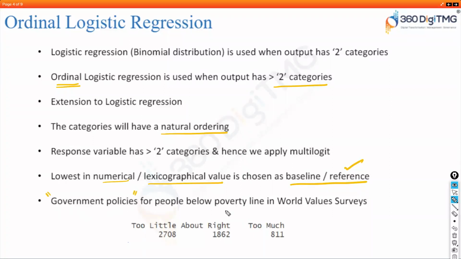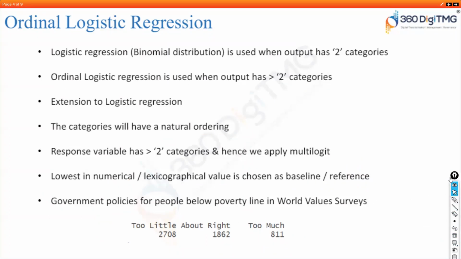If you have government policies for people below the poverty line, the responses are: too little, about right, and too much. Policy can be classified as whether it is doing too little for the people below the poverty line, or is it about right? Or is the government policy too much?